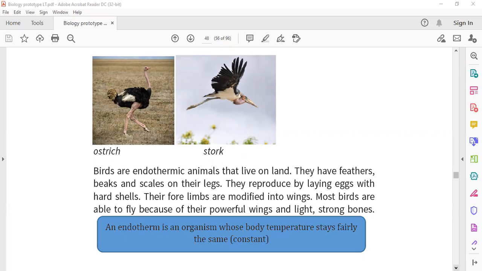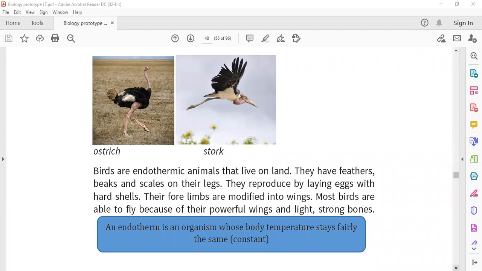Okay, thank you. From what you have heard, it is about an organism being endothermic. If an organism is an endotherm, then its body temperature stays fairly constant irrespective of the surroundings. You have been looking at some ectotherms, whose body temperature changed with that of the environment.